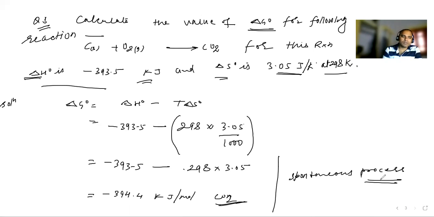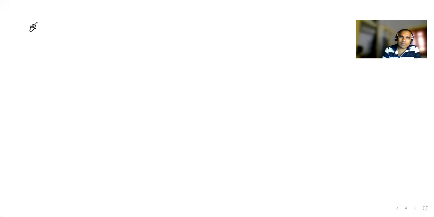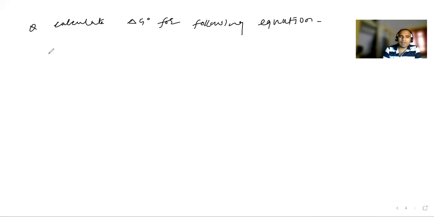Yeah. So I'm erasing. Can I erase this one? Yes. So let us write down another problem here. What is the problem they are saying? Calculate delta G naught for the following equation. With the help of the given information, we need to apply the formula.